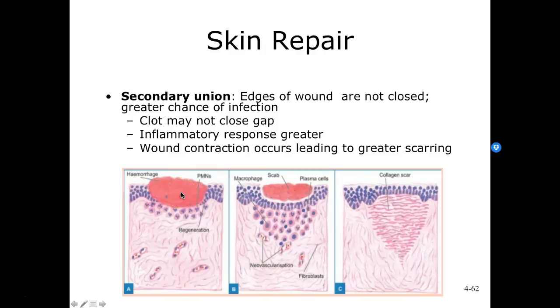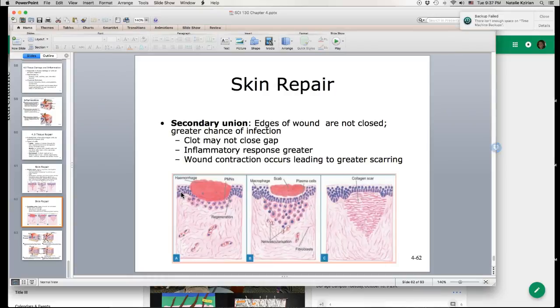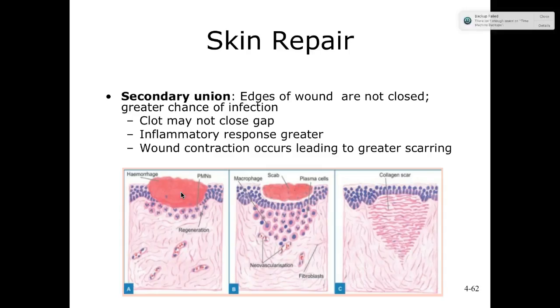Our inflammatory response is going to be greater, so the patient will have more swelling, more pain, more redness. So we said our inflammatory response is going to be greater.